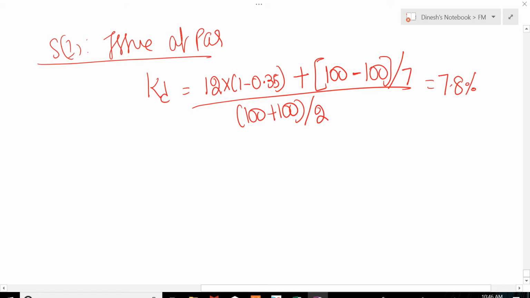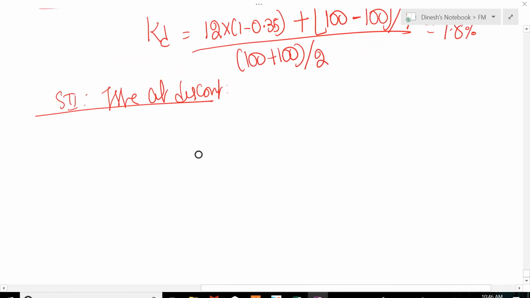Second scenario is what? Issue at discount.